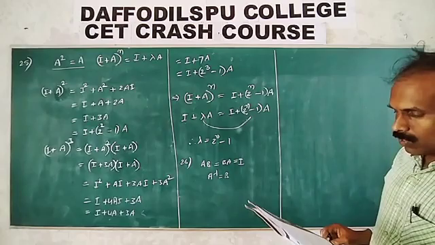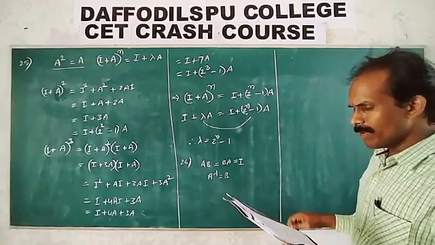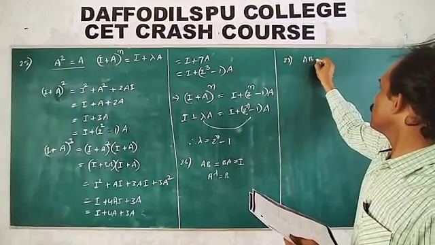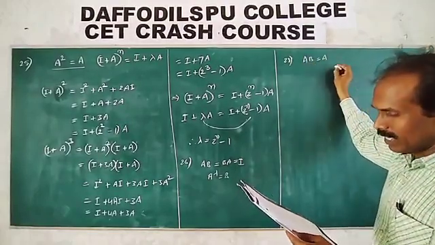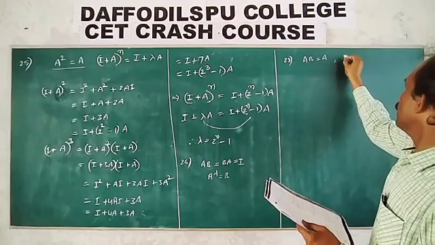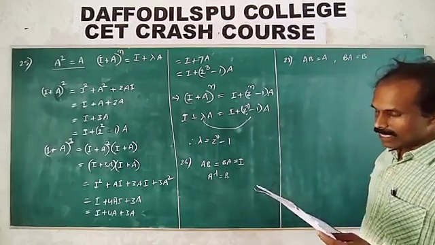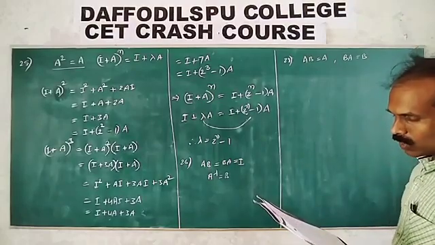28. A and B are two square matrices such that AB is equal to A, BA is equal to B, then A square is equal to how much?